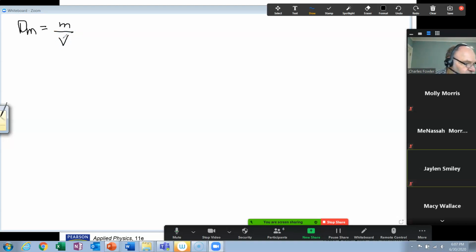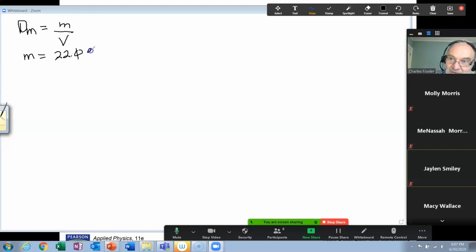Okay? So, find the mass density of a ball bearing, with a mass of, so they give you the mass. Ball bearings are usually pretty small, so that's a pretty small mass, 22.0 grams.